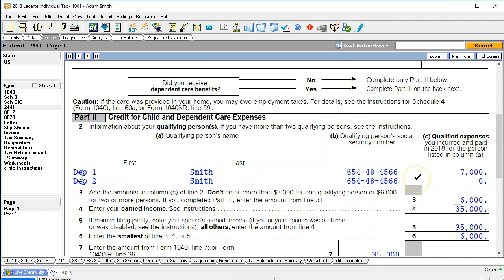If we had another one that's qualified, but we didn't pay any expenses related to that second dependent, then if we put them on here as a qualified dependent that we paid 0 for, and we have $7,000 for the other dependent, the software is now calculating the limit at the $6,000 limit because we have two qualifying dependents rather than the $3,000, even though we didn't pay anything for the second dependent. The amount of the qualifying expenses is 0 in that case.